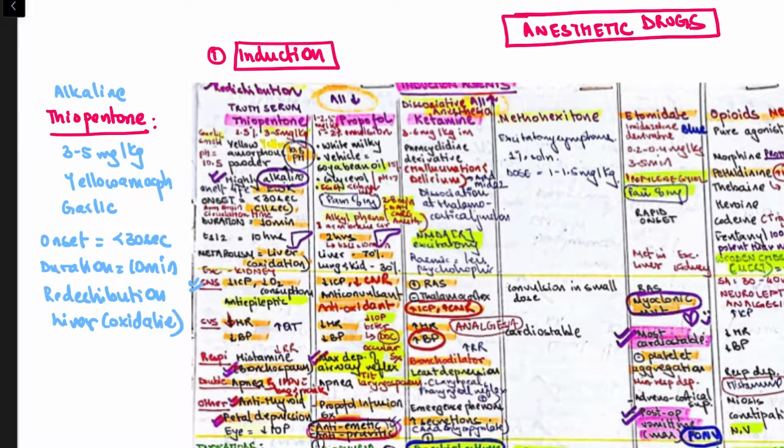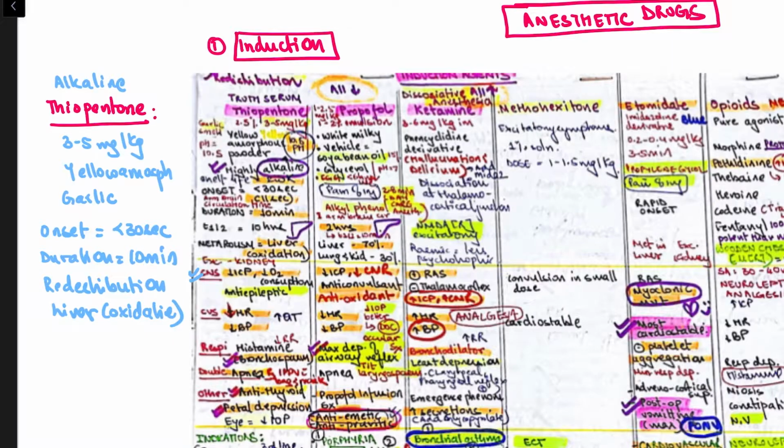Then what are the effects you need to remember: in CNS, it reduces the intracranial pressure and the oxygen consumption, and it is also anti-epileptic. In heart, it decreases heart rate and BP. It releases histamine, therefore it leads to bronchospasm. Then there is a property called double apnea.